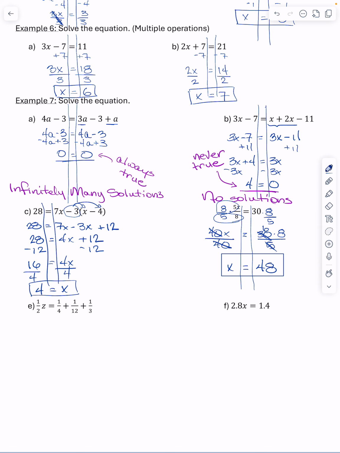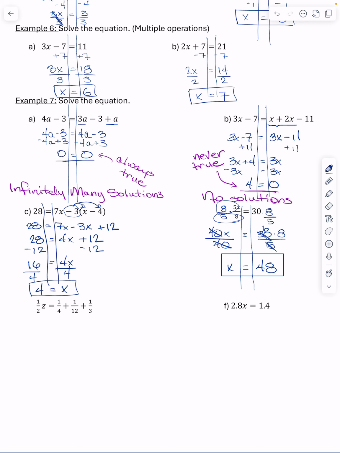E. Again, let's see if we can get rid of that label. We don't want to add and subtract all these fractions. So we want to get rid of the fractions. I am looking for the least common denominator.